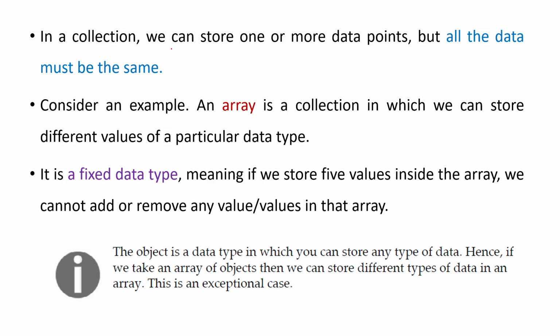So we already understood that a collection is nothing but a name given to hold more data points of similar type. That's what the author is telling, that all the data must be of the same type. An example of a collection is an array. Clear? And remember, it is a fixed data type. Once you choose the size of an array, like 3 or 5, then during runtime you can't add or remove any values in that array.